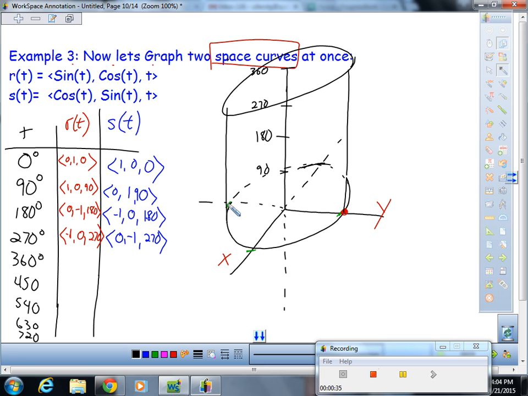Alright, so let's start with the red curve. It's got the point 1, 0, 90. So it comes up to here. It's got the point 0, negative 1, 180.